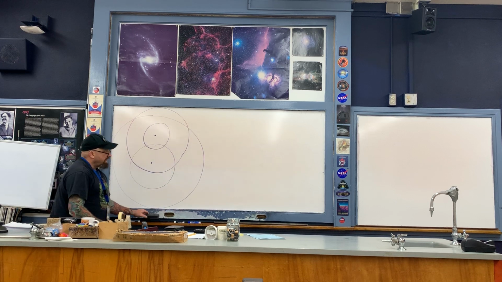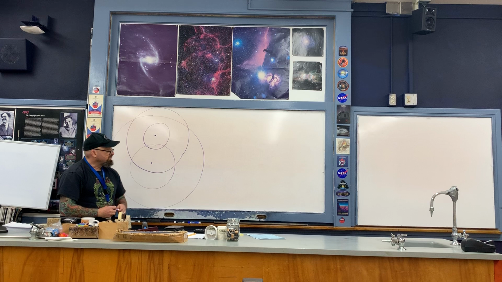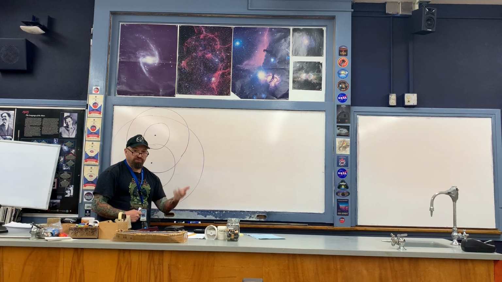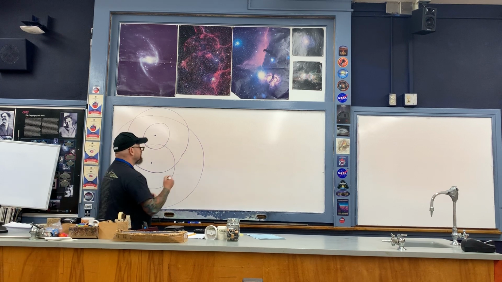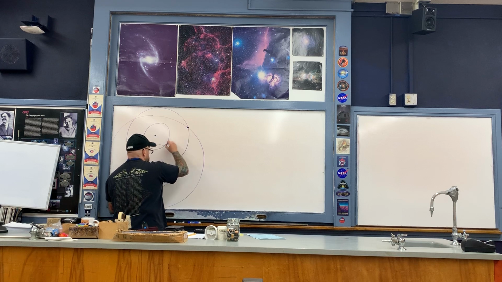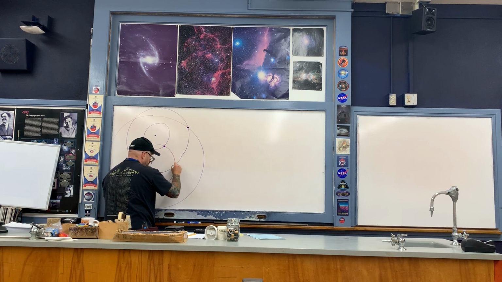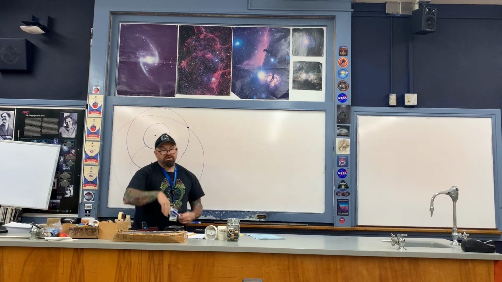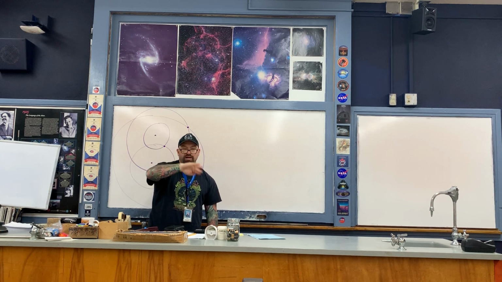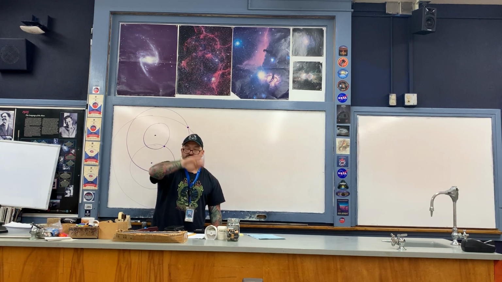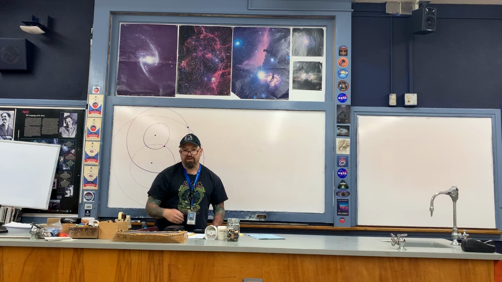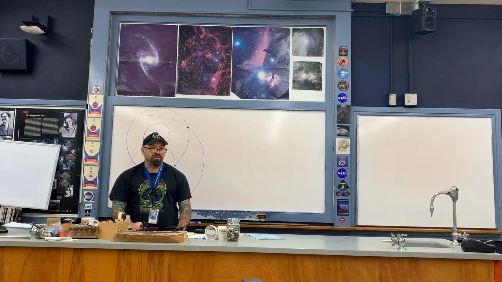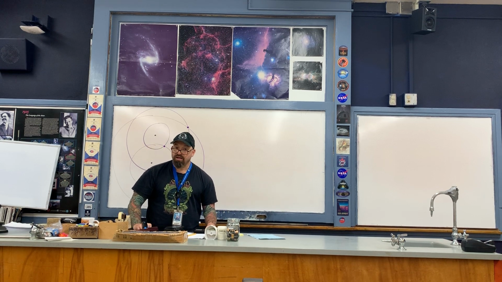Like so. And then notice that there are portions here within the ripple tank itself where you have a crest and a crest overlapping each other. That would be, for example, right here, right here, right here, and so on. So if you have a crest from one source overlapping a crest from a second source, that gives you a really big crest. That's a region of total constructive interference. This would then be an antinode.